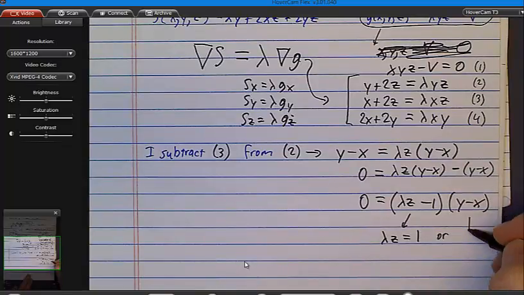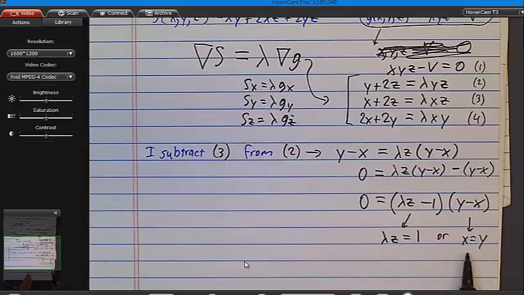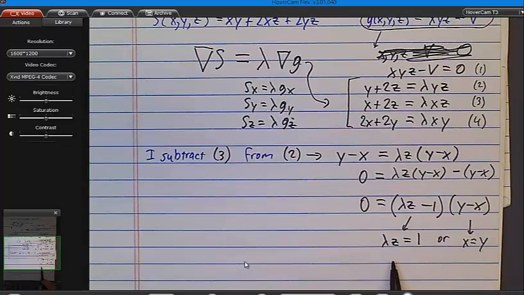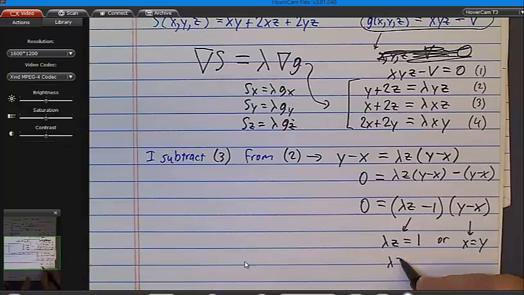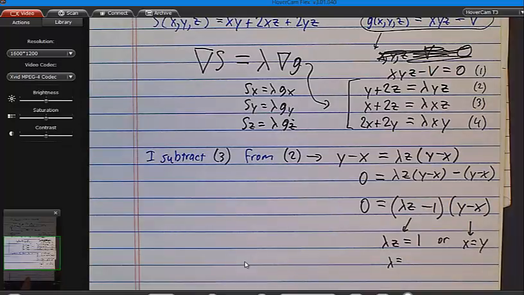Or, what's the other possibility? Y equals x. And if I remember the open box problem, didn't we figure out that x and y had to be equal? So I think this is what's going to happen. Or lambda times z is 1, I guess might happen. So this one would mean lambda is actually, I feel like I did something wrong here, guys, algebra.